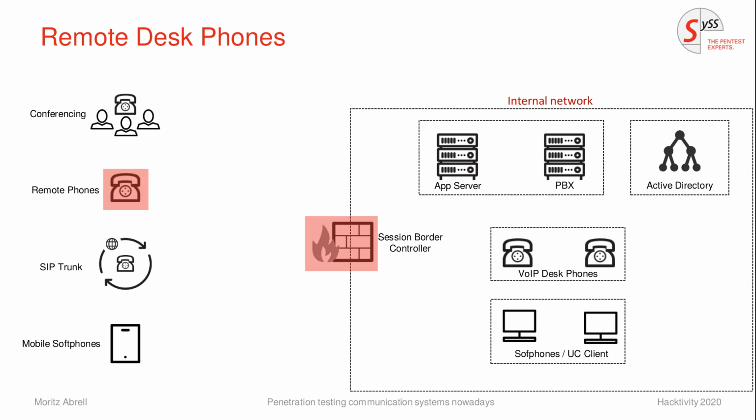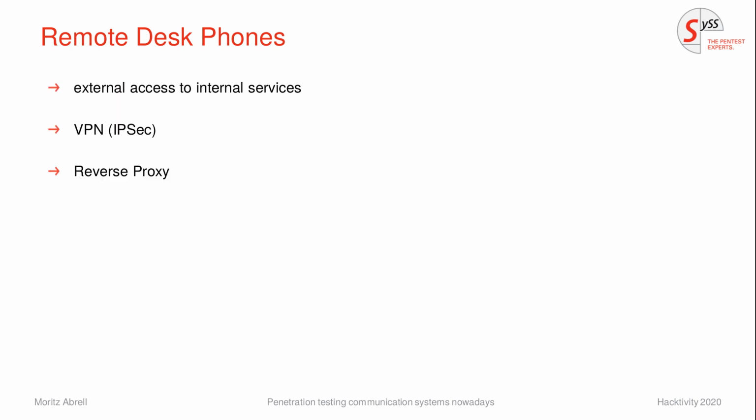Okay, but what about the remote IP phones? Again, we have external access to internal services. External IP phones usually do the connection with a VPN or through a reverse proxy.